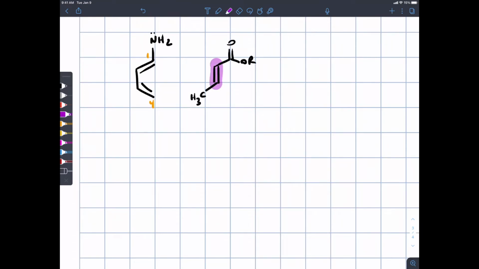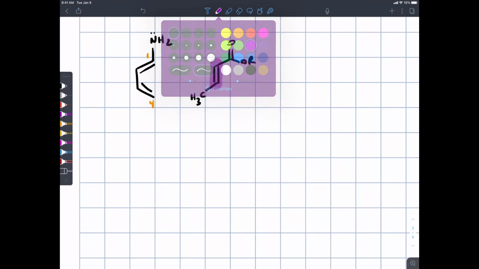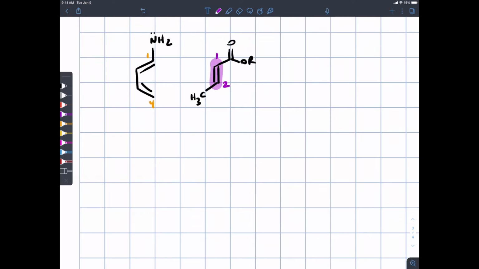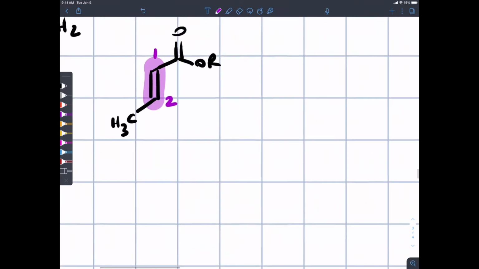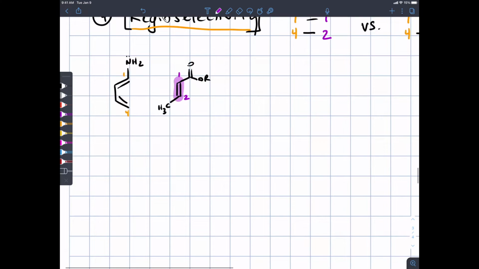It's got an ester group on carbon 1, we'll say, and a methyl group on carbon 2. And so we have to consider among our possible options, but I'm not going to worry about stereochemistry here. I'm going to draw the possible regioisomeric outcomes.